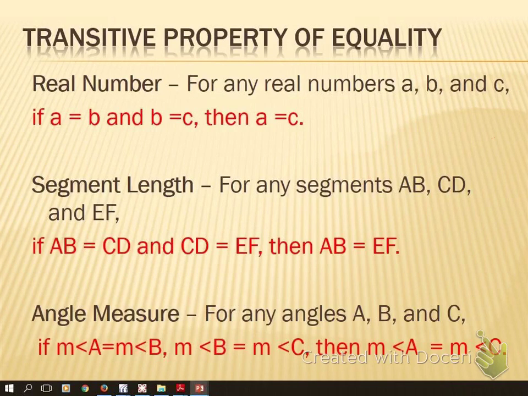If the length of AB is equal to the length of CD, and the length of CD is equal to the length of EF, then we can say that the length of AB is equal to the length of EF. And again, in geometric terms, where we'll most often talk about the segments being congruent, it still works that way because it works that way for the measures.